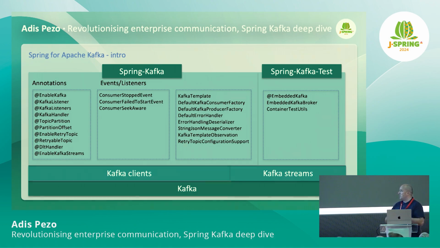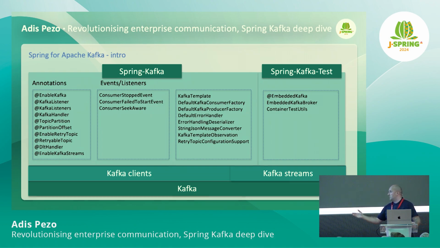And on top of that, you have the Spring Kafka dependency, which contains annotations, for example, to enable Kafka, to create a listener for you, or to enable retry topics. We will get into that soon. And also, there are some events and listeners that you can interact with when something happens.